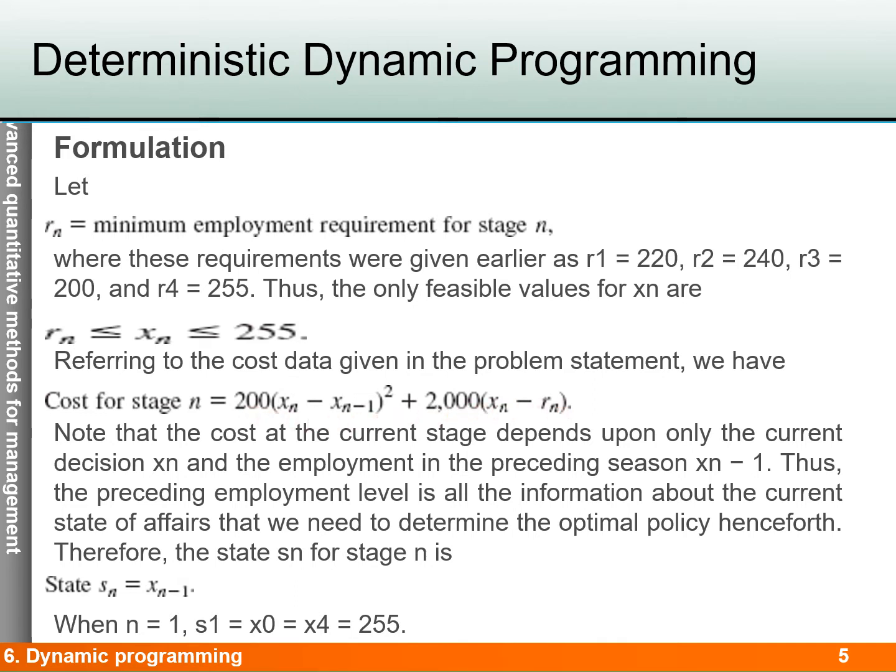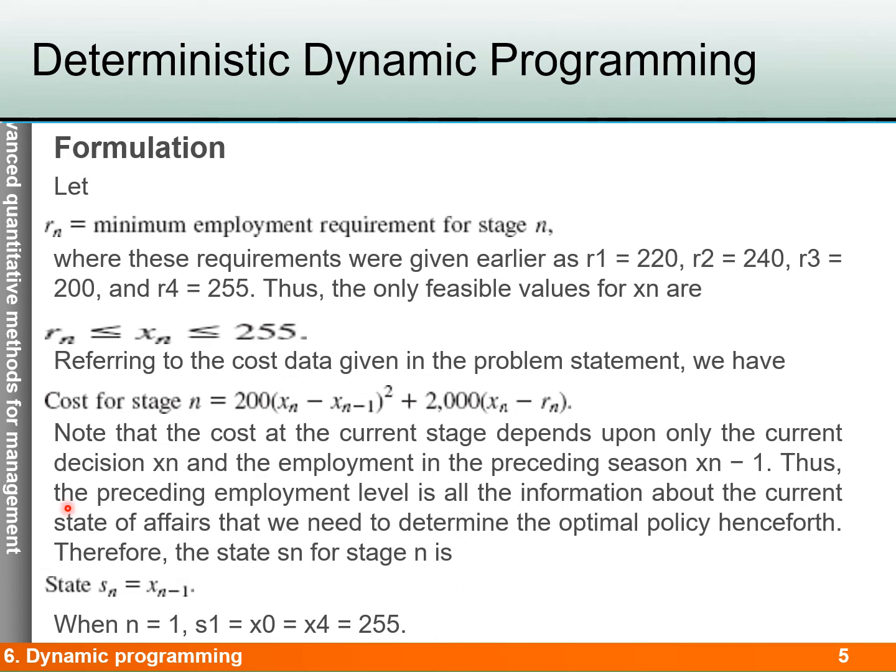And note that the cost at the current stage depends upon only the current decision Xn and the employment in the preceding season. So we should find Xn and Xn minus 1 because Rn is clear, and by these two items, okay, as an optimal form, we find the minimum cost possible for this example.